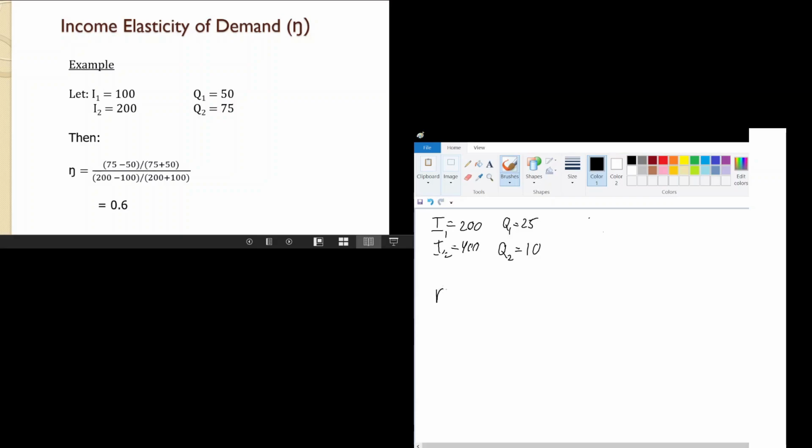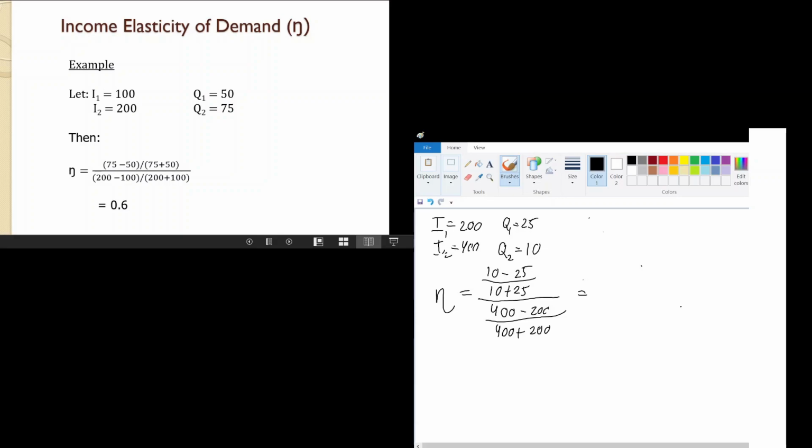Okay? So, yung N natin, again, yung sa taas natin is Q2 minus Q1. So, 10 minus 25 over 10 plus 25 all over I2, which is 400, minus I1, which is 200 over 400 plus 200.